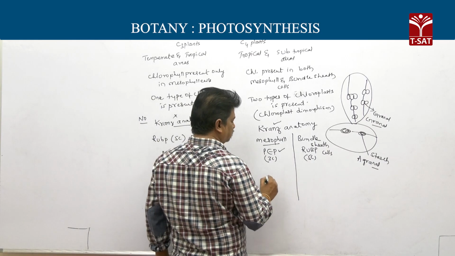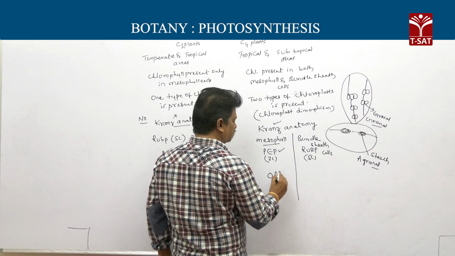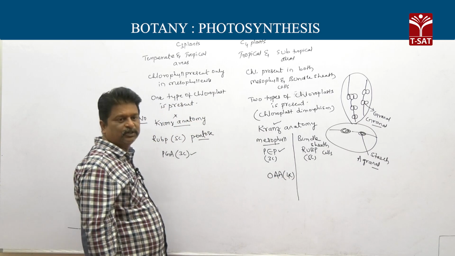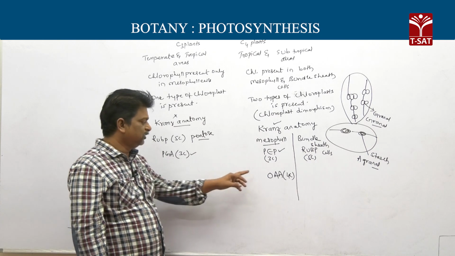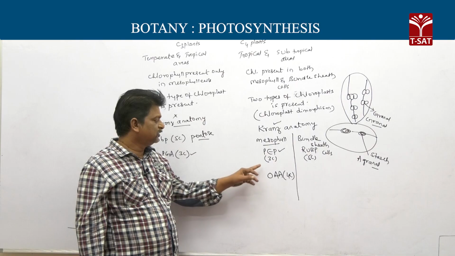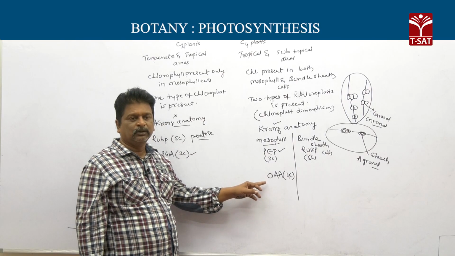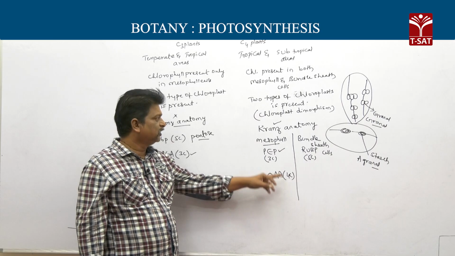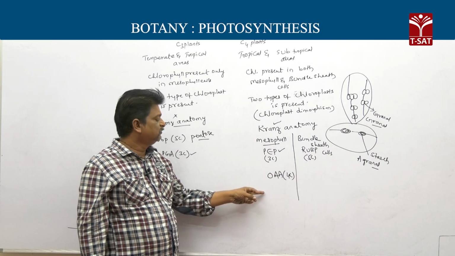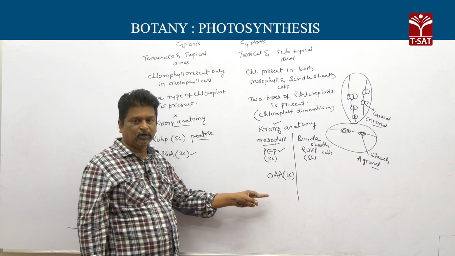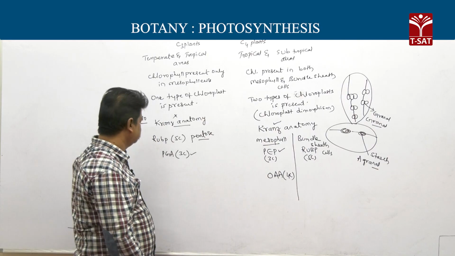In C4 plants, first formed compound is oxaloacetic acid. That oxaloacetic acid is a 4-carbon compound. So these are called C4 cycle, and plants showing C4 cycle are called C4 plants.